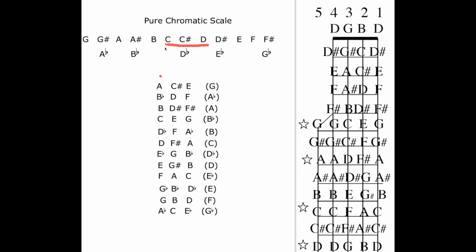Here's a D, a C sharp, and a C note. That is a chord, but it's ugly. The harmony, as they say, is too close. The intervals are too close to each other.